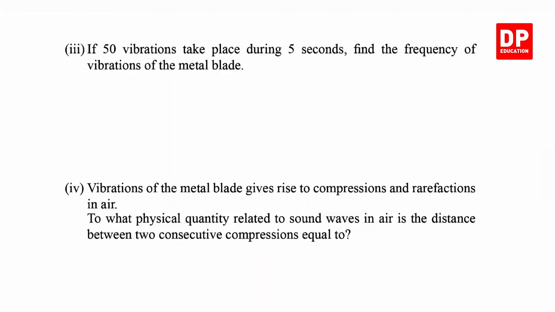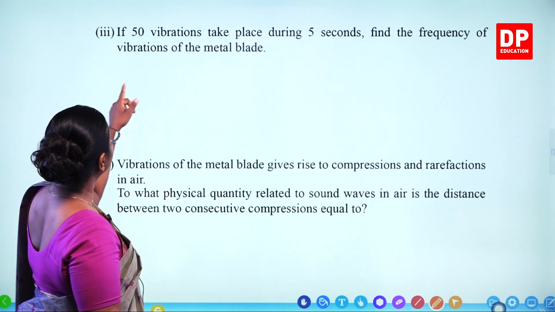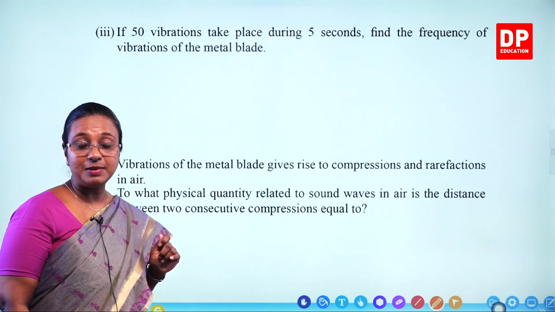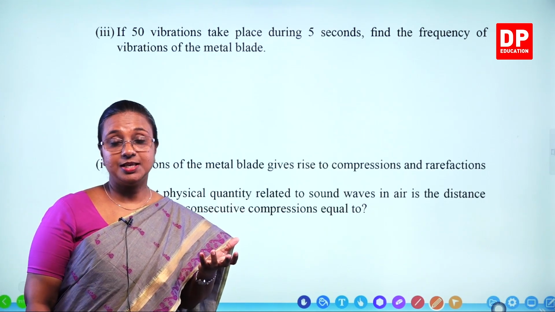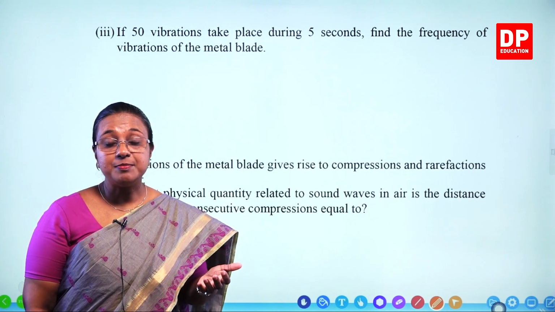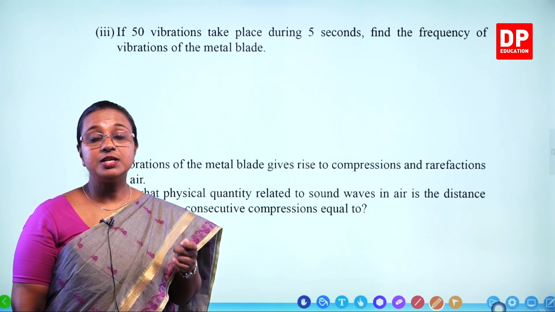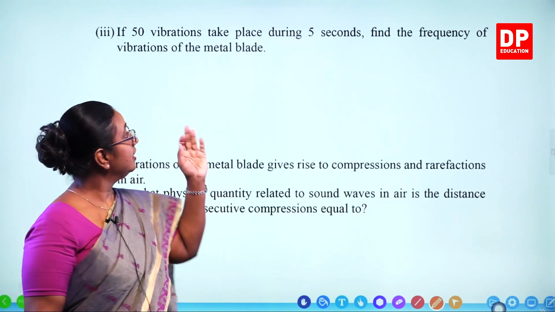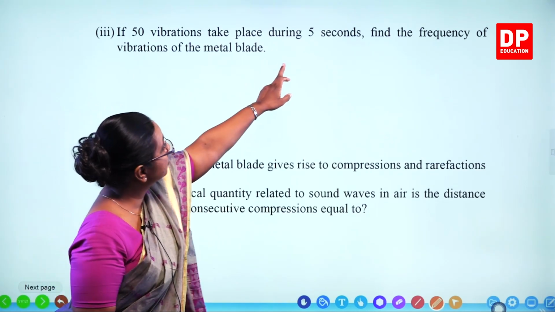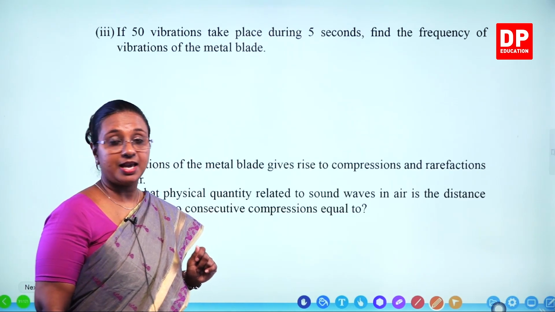If 50 vibrations take place during 5 seconds, find the frequency of vibrations of the metal blade. What is frequency? Number of vibrations in a unit time. So to find frequency, what do we need to do? Divide the number of vibrations by the time taken.